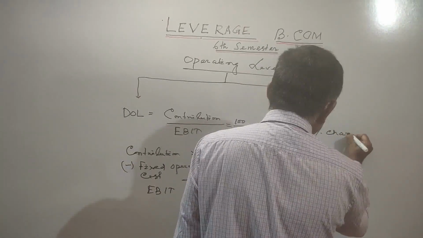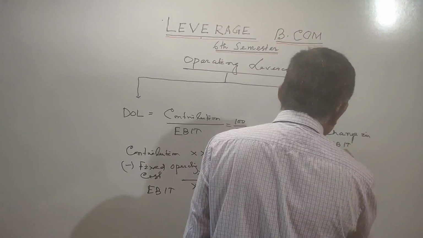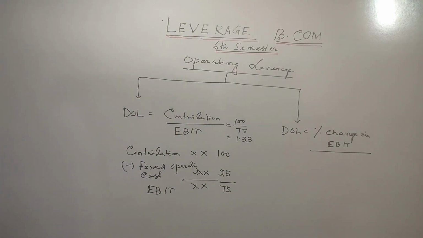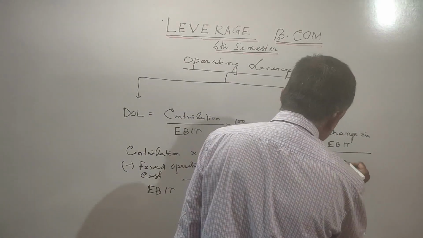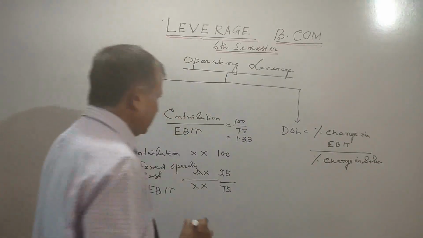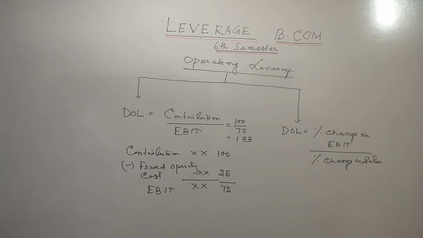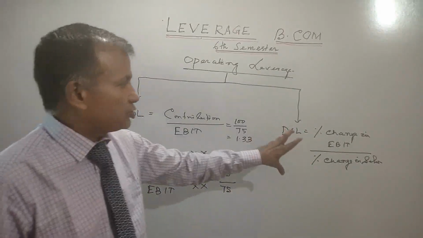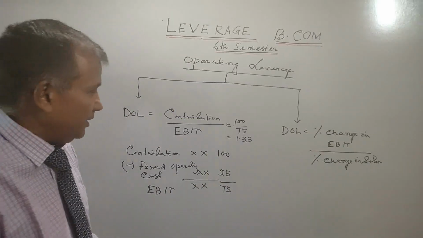The other formula is DOL equals percentage change in EBIT divided by percentage change in sales. Generally, for your problems, this formula is more often used, and we shall apply this formula on doing the problem.